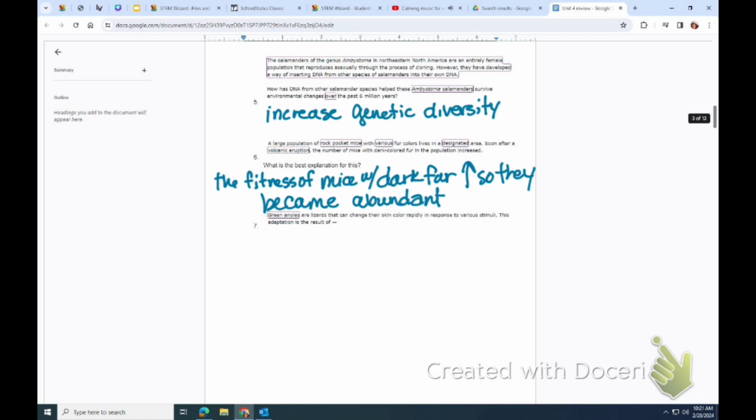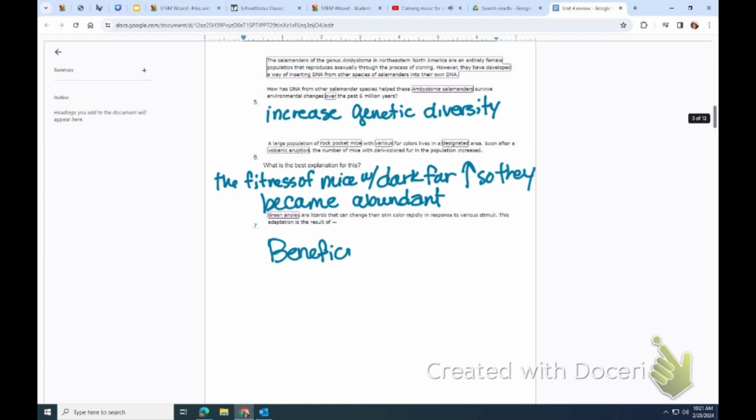Number 7. Green anoles are lizards that can change their skin color rapidly in response to stimuli. This adaptation is the result of, don't overthink it. Yeah. So mutation, survival skills, those are both correct. Let's word it this way.